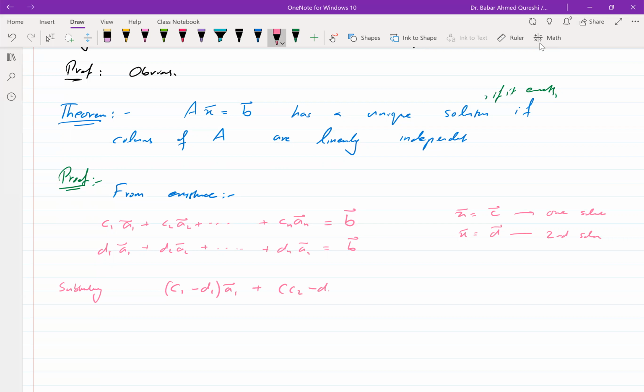So one side we have shown. The other can be shown also very easily, that if the solution is unique, then you can very easily show that the column vectors are linearly independent.